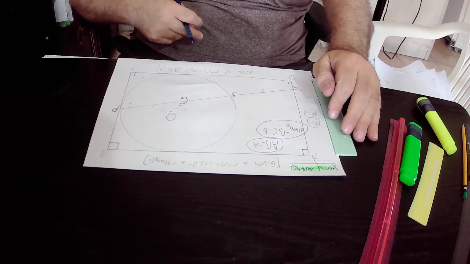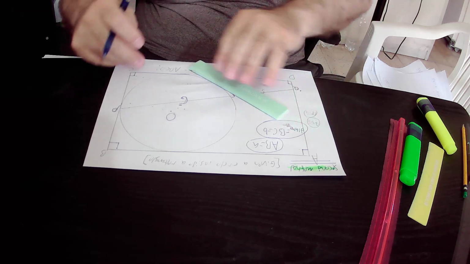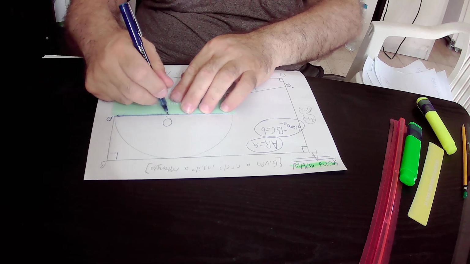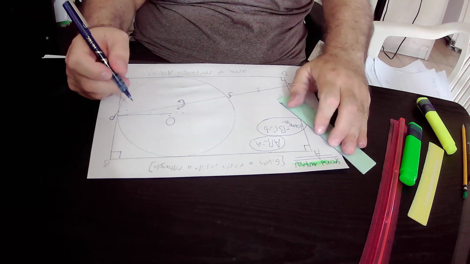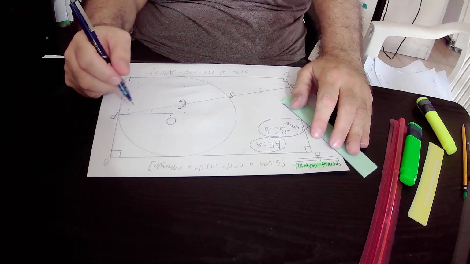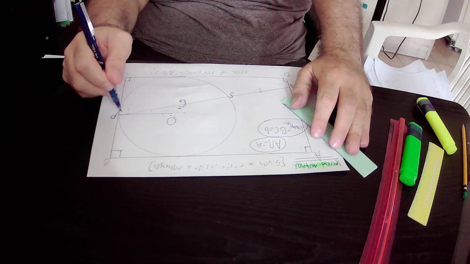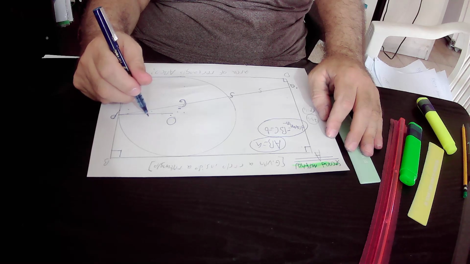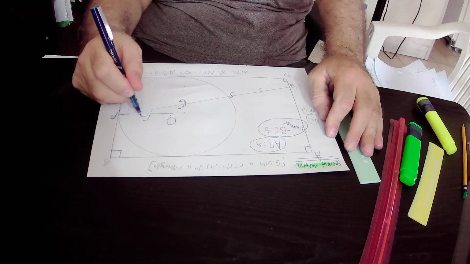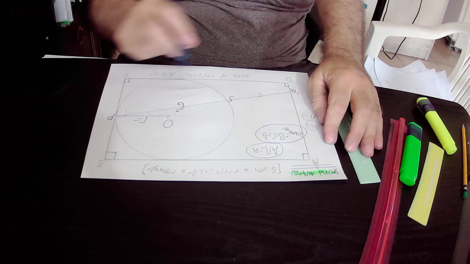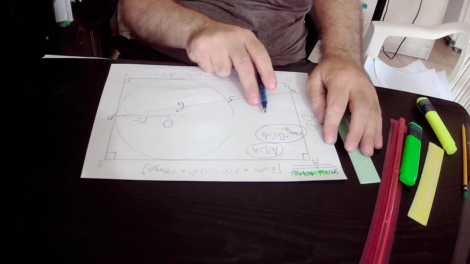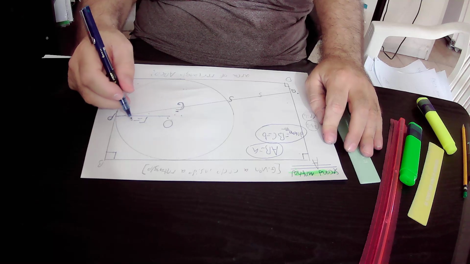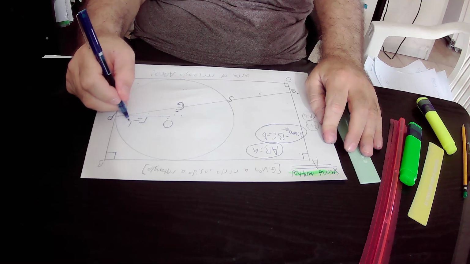So here we join points O and P together by a straight line. Point O is the center of the circle. Point P is a point on the circle itself. Therefore, OP is the radius of the circle. So we define the radius of this circle as R. And the diameter of the circle equals B. Therefore, the radius must be equal to half of it, that is, the radius must be equal to B over 2.